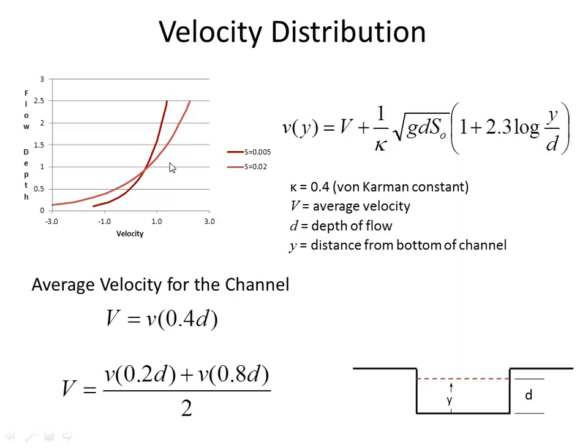Average velocities are sometimes estimated by finding the velocity at 40% of the depth. So if you have a channel that is 2.5 meters deep and you go 40% up from the bottom, that may be equal to the average velocity, or averaging the velocities at 20% from the bottom and 80% from the bottom.